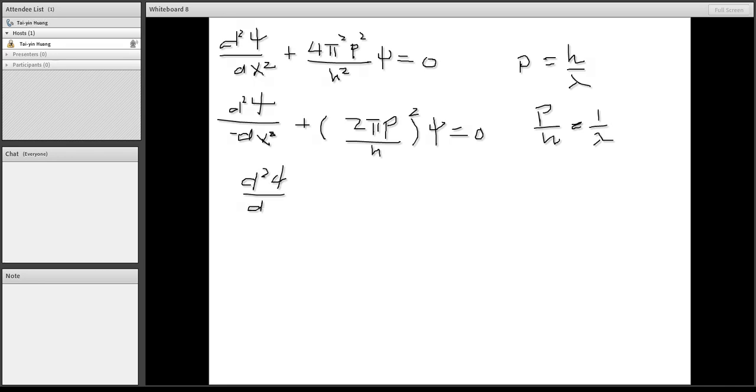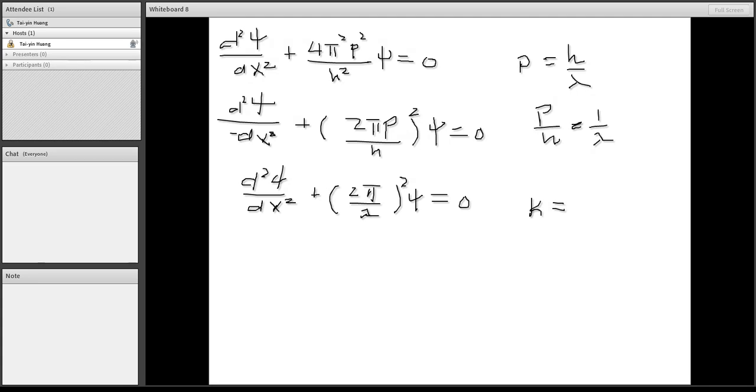So you have this, and then plus 2 pi over lambda, squared, times the wave function. Now, if you recall, 2 pi over lambda is basically the wave number. So your k, this is not kinetic energy, this is wave number.